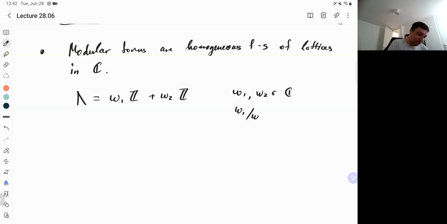In my case, this would mean that omega 1 over omega 2 has imaginary part greater than 0, so that the basis omega 1, omega 2, maybe omega 2, omega 1, is positively oriented.